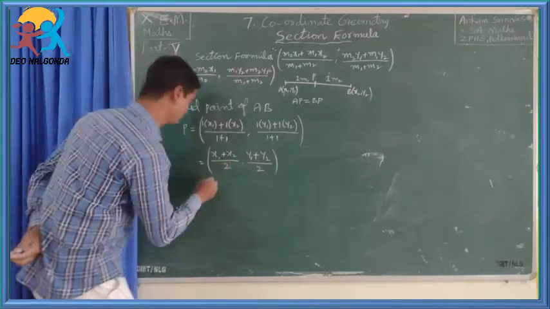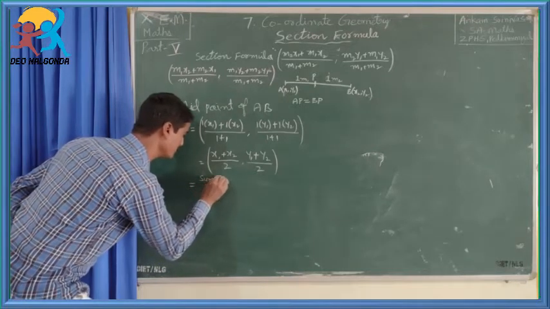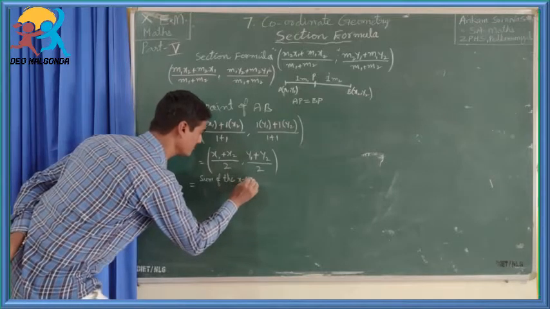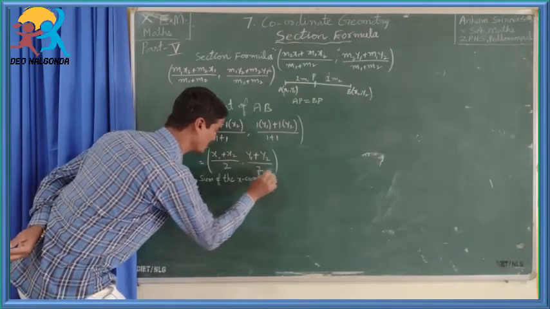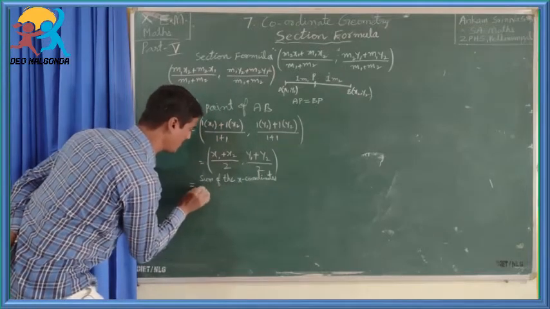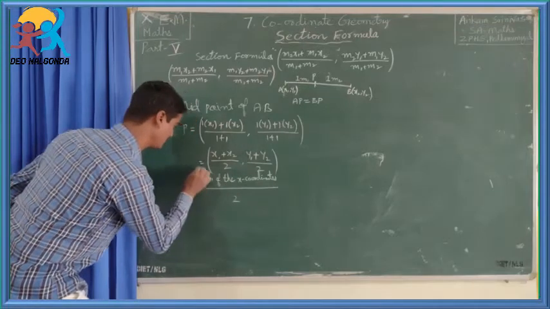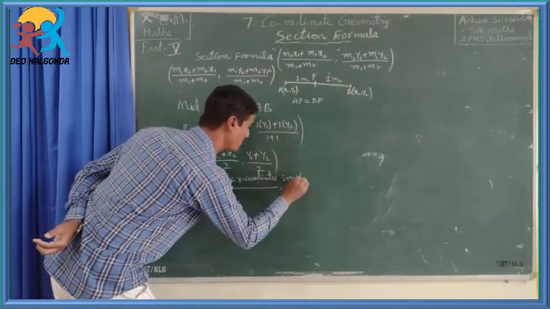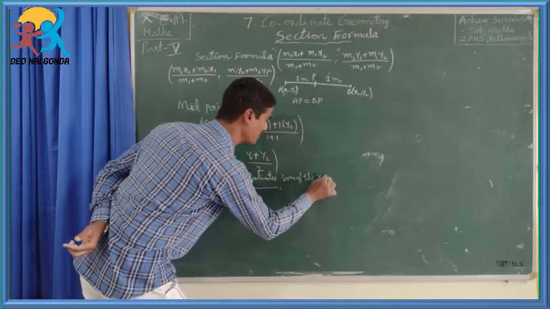You can write it as the sum of first coordinates by 2, sum of second coordinates by 2. That means the sum of the x coordinates by 2, comma, the sum of the y coordinates by 2.